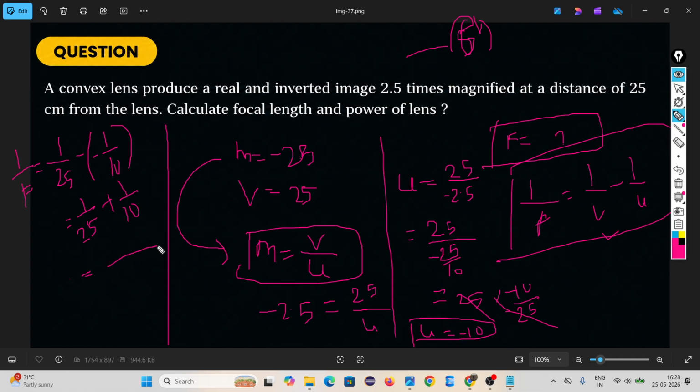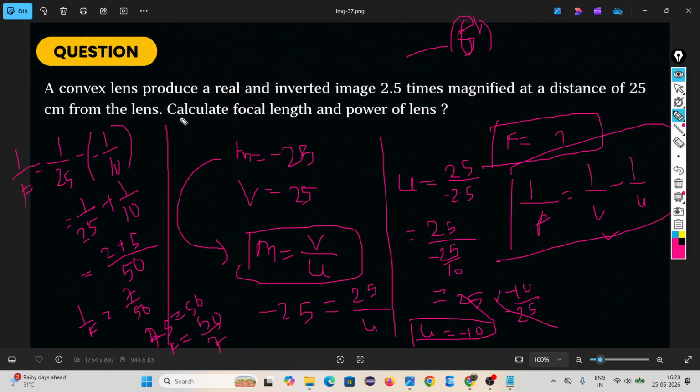The LCM of 25 and 10 is 50. So 2 plus 5, 1 upon f equal to 7 upon 50. So 7f equal to 50, f equal to 50 upon 7. Look, positive is coming.